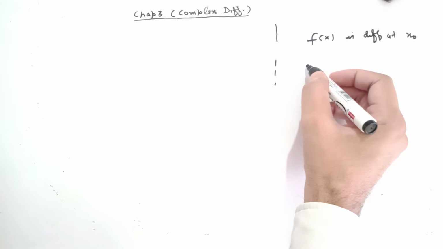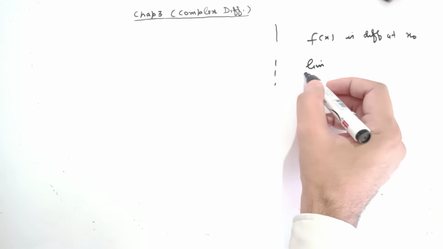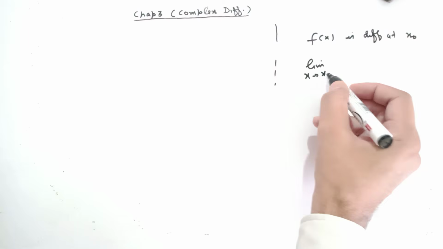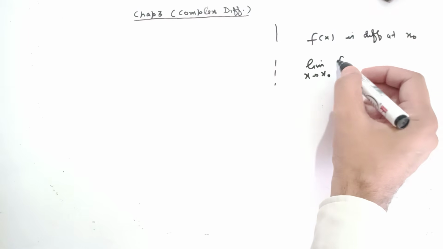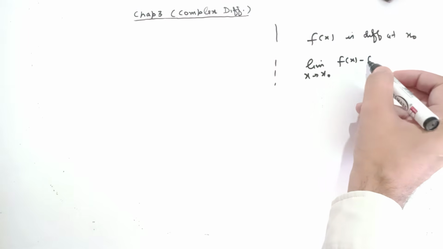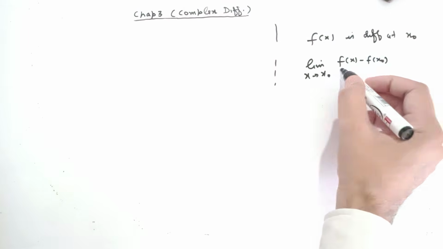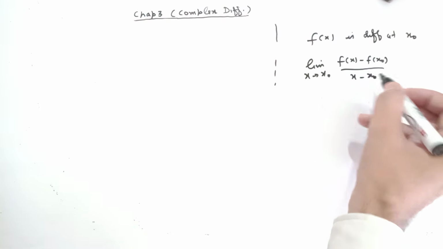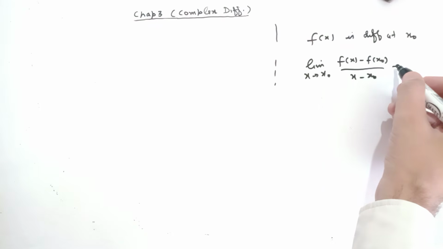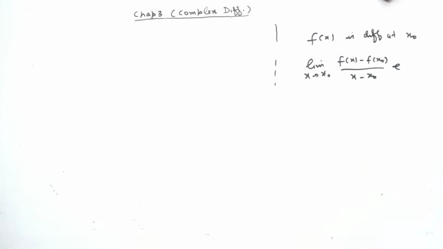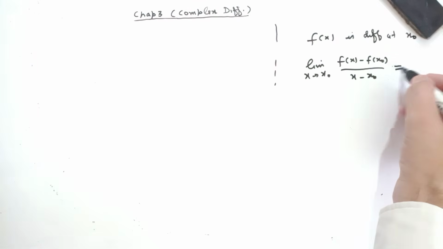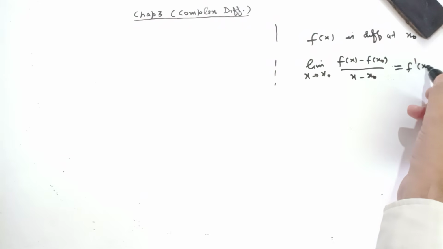Differentiable at x0 if the limit as x approaches x0 of (f(x) minus f(x0)) divided by (x minus x0), you are familiar with this limit, exists uniquely. And in fact, you call this limit the derivative of f at x0. Am I right?